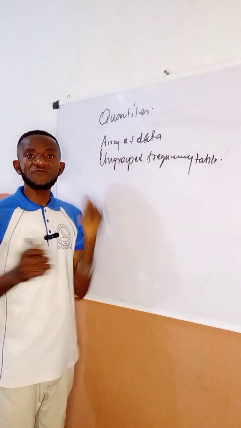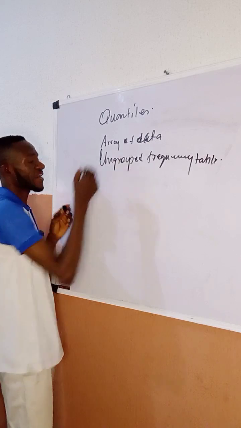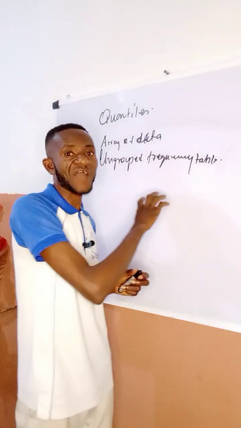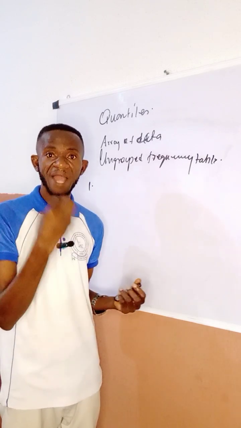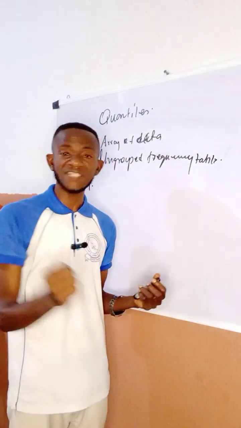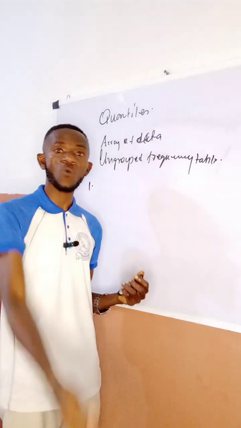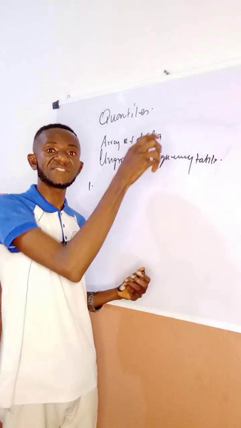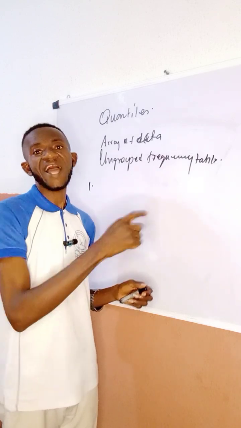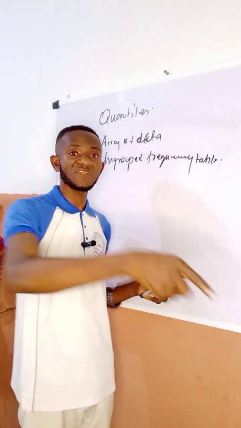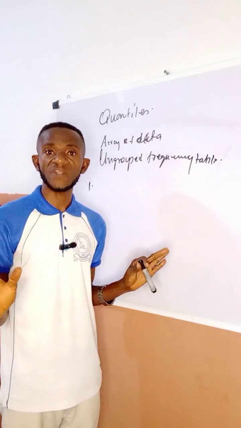So for an array of data, the first method is that you by yourself arrange the numbers in ascending order of their values and use your hand to locate the center of the distribution, call it your second quartile, then locate the center of the first half of the data set, call it your Q1, and locate the center of the second half of the distribution and call it your Q3.